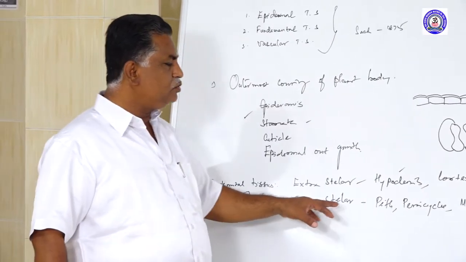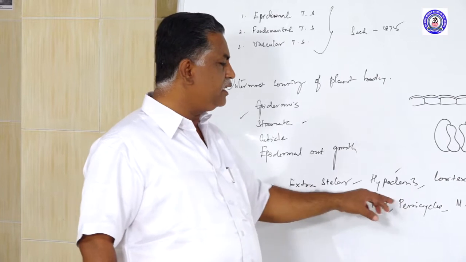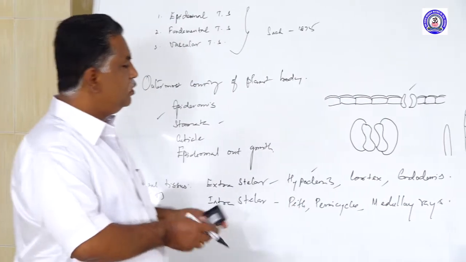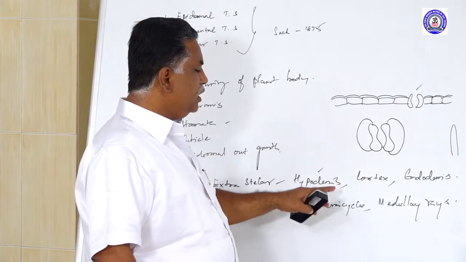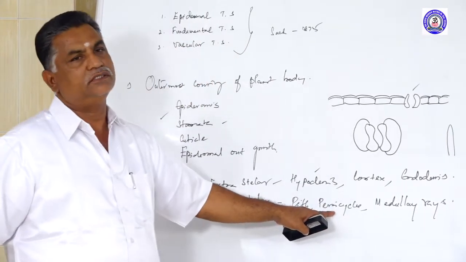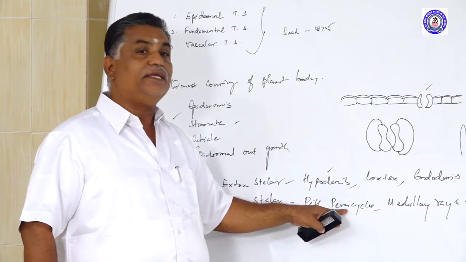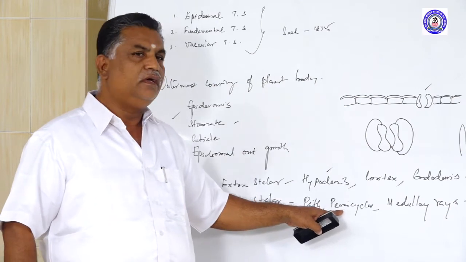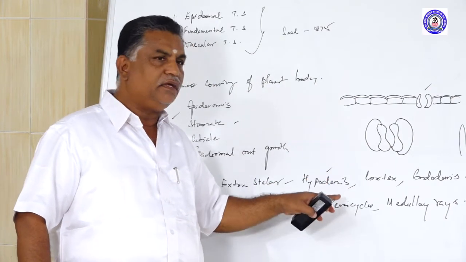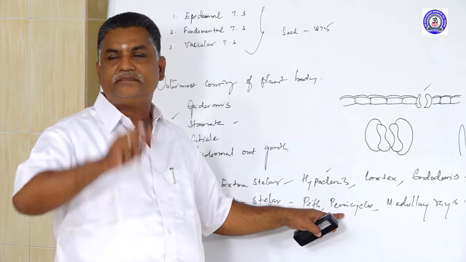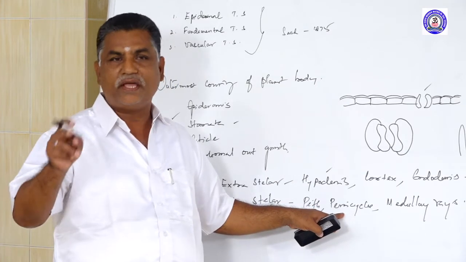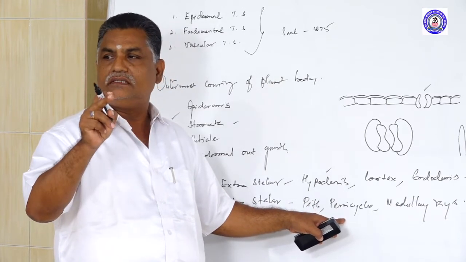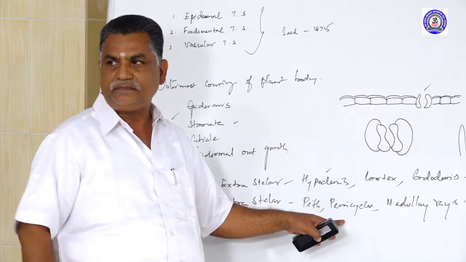And intrastellar ground tissue comprises pericycle, pith and medullary rays. Pericycle is the next layer that comes next to the endodermis. It is made up of a single layer of cells. Usually, it is not very prominent in stem. It is very clearly seen in roots. This is the layer from which roots originate. That is why the branches in roots are called endogenous in origin.